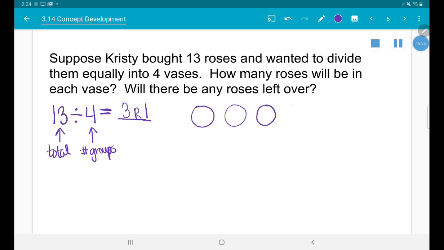You made 4 groups and then you started putting 1 in each group? Mm-hmm. 3, 4, 5, 6, 7, 8, 9, 10, 11, 12, and then you knew that you would have 1 extra. Zyla, I see you're writing some numbers down underneath yours.